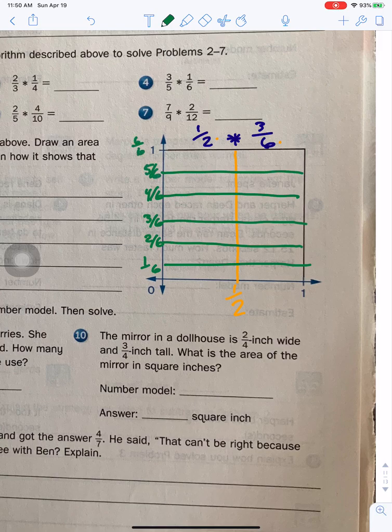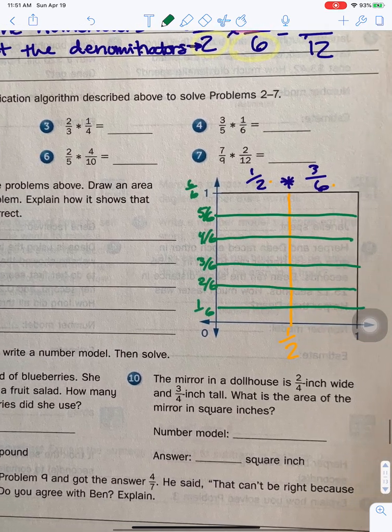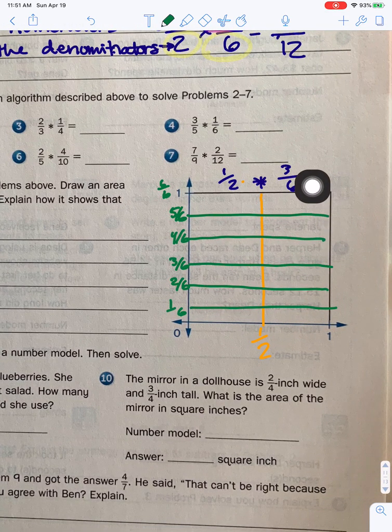If you're not sure how to do this problem, I'd like you to write this in and do this with me. Press pause. Next, I'm going to shade in 1/2. So I'm going to take my pencil or colored pencil and then shade in 1/2 times 3/6.